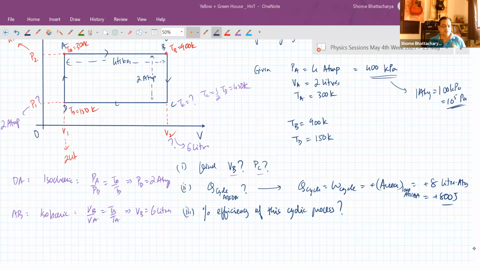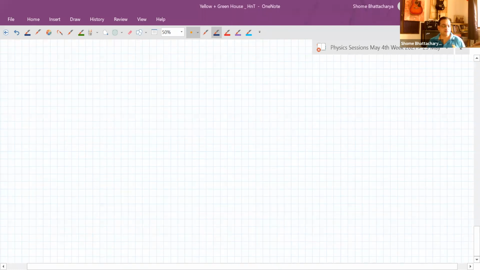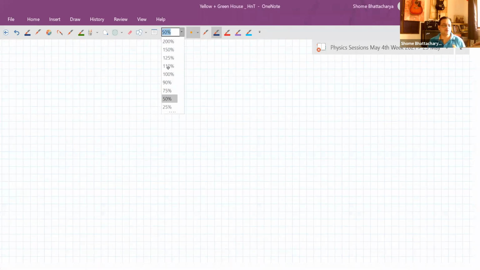Anyhow, now let's look at the efficiency. For the efficiency, we have to understand how much is Q1, because W net of the loop we have already got.